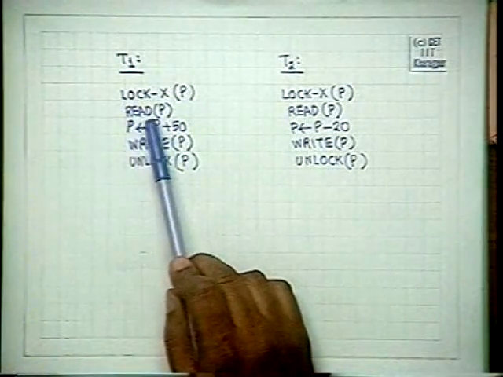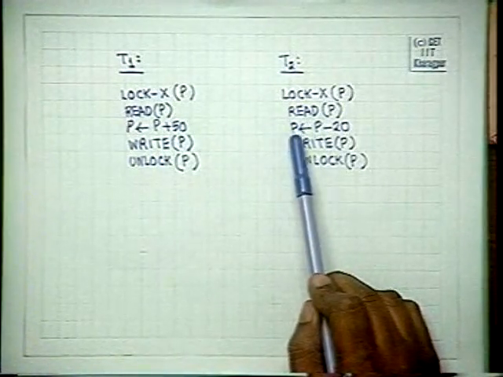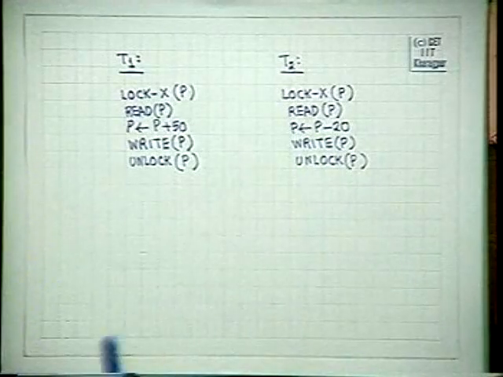One transaction does read P, assign P plus 50, write P. Another does read P, assign P minus 20, and write P. Suppose these are two transactions.